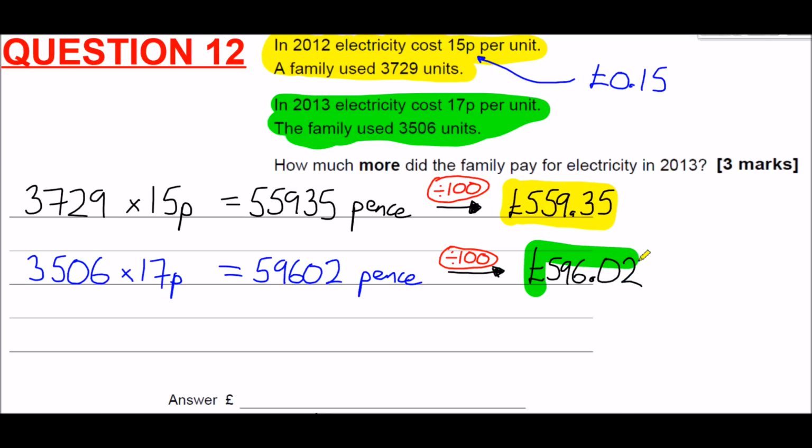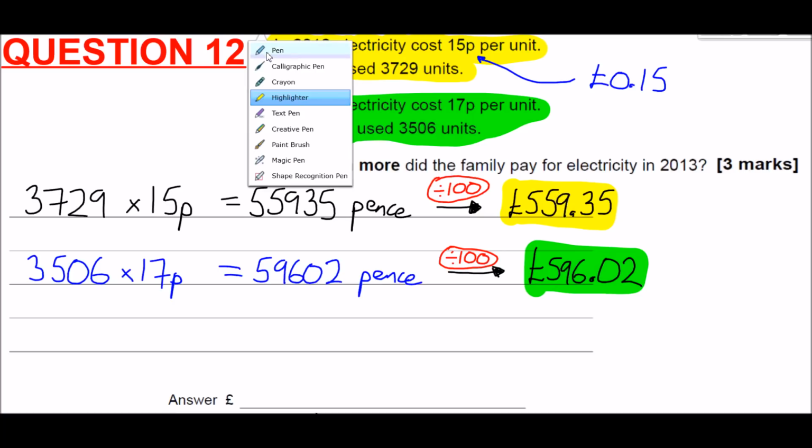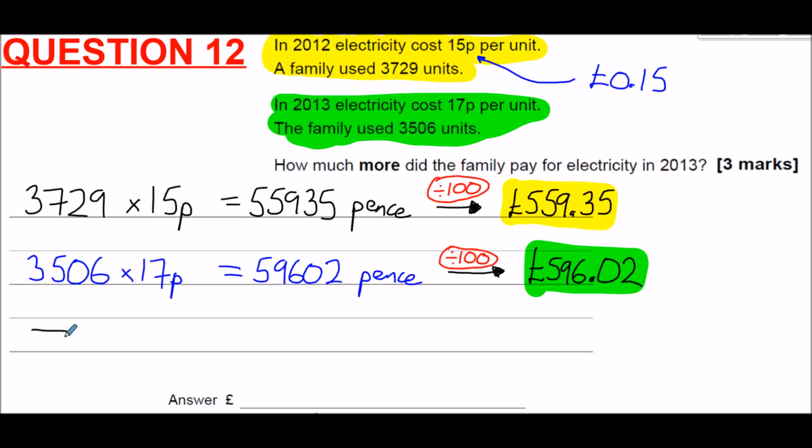So now we've got a value for 2013 and a value for 2012. The question is asking us how much more did the family pay in 2013. So how much more just means we need to find the difference between 2012 and 2013. And so what we do is just subtract one from the other.